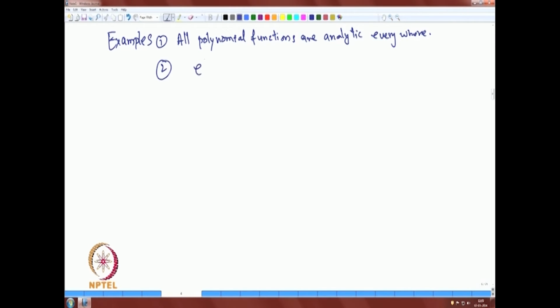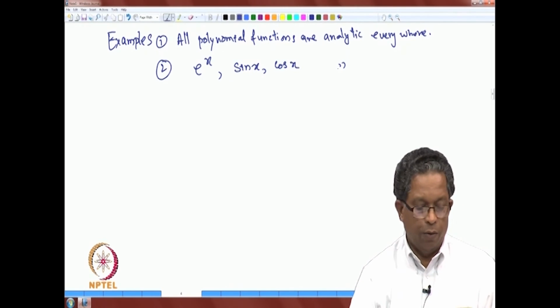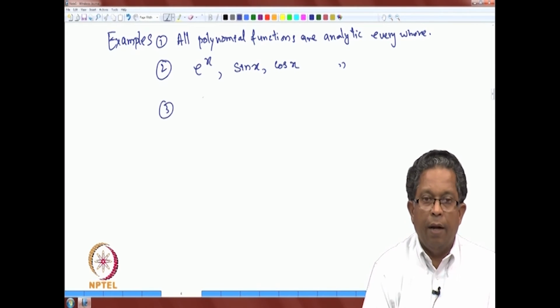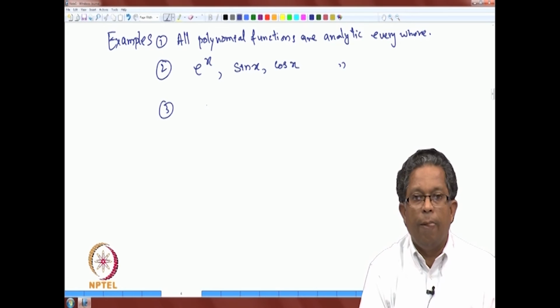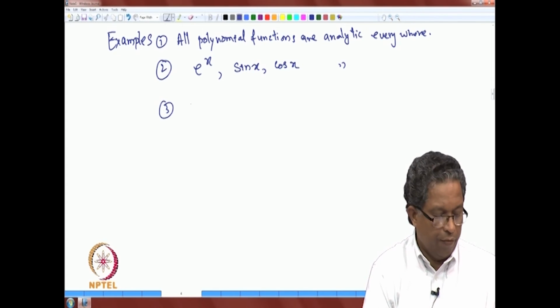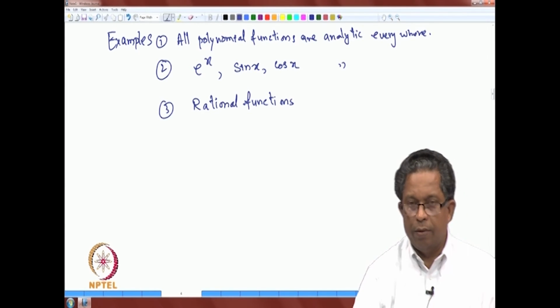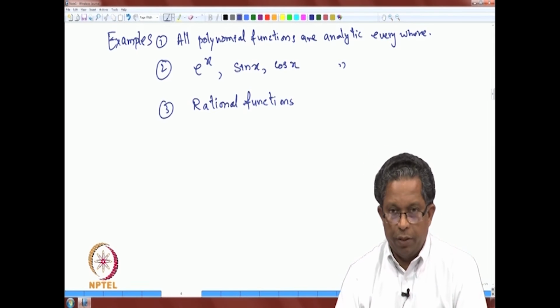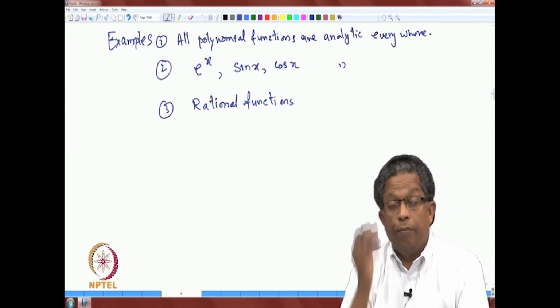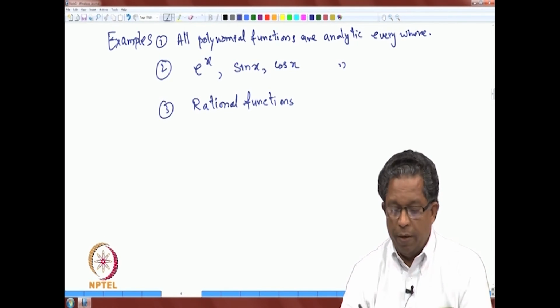And the functions containing e to the power x, sin x, cosine x, they are also analytic. Another important class of analytic functions is all rational functions, of the form p(x) by q(x), where p(x) is a polynomial and q(x) is a polynomial.